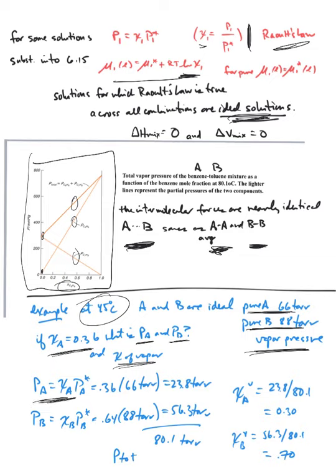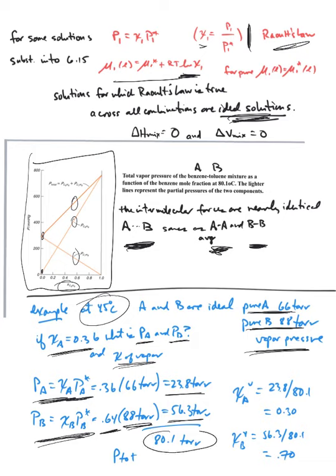So Raoult's law is telling us that the mole fraction of A times its pure vapor pressure is going to be equal to its partial pressure. So liquid A is contributing 23.8 torr to the vapor space above this liquid. For the partial pressure of liquid B, I need the mole fraction of B times its pure vapor pressure, and I get 56.3 torr.